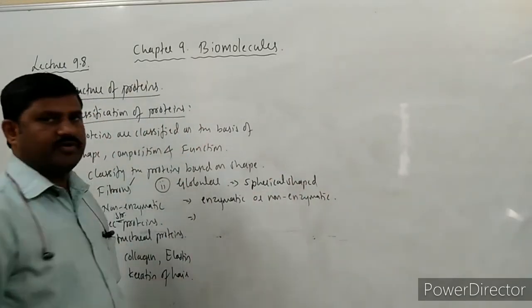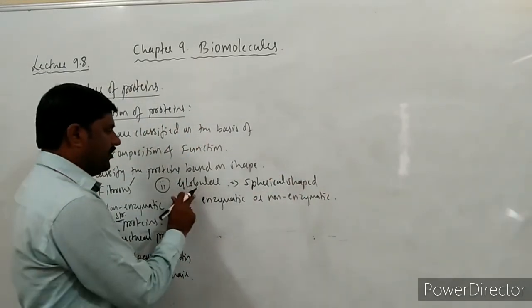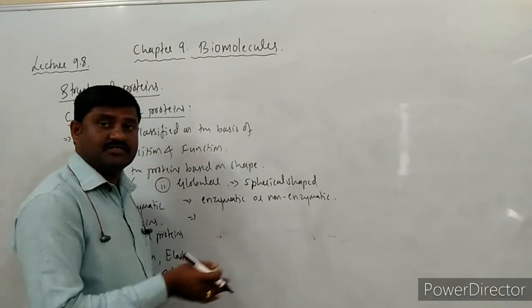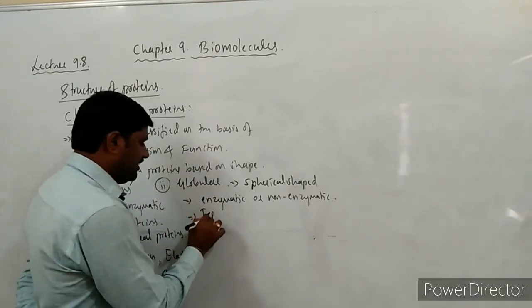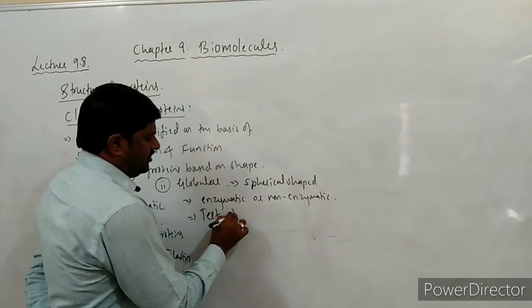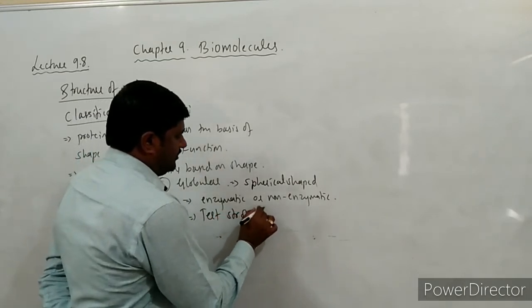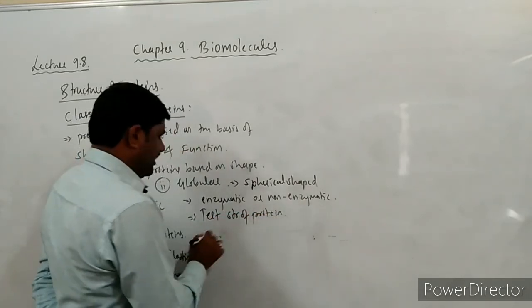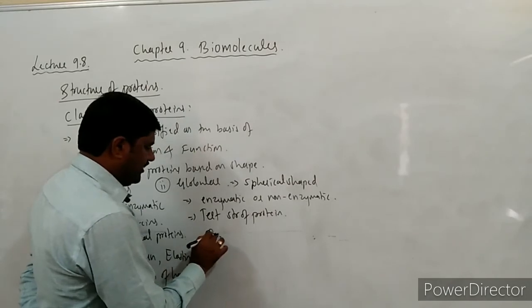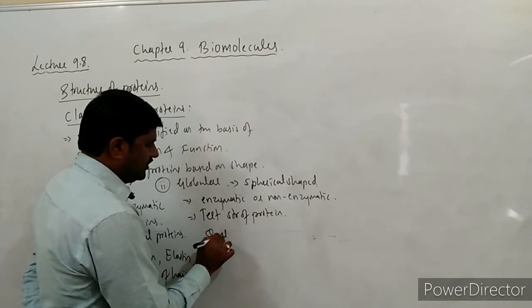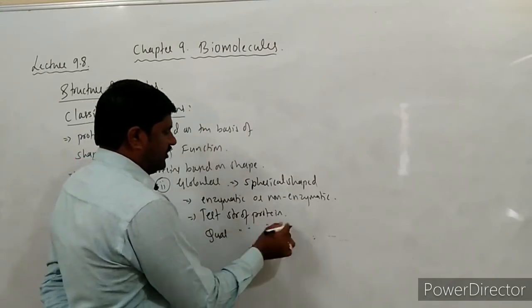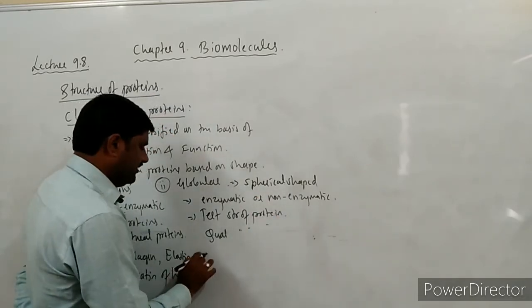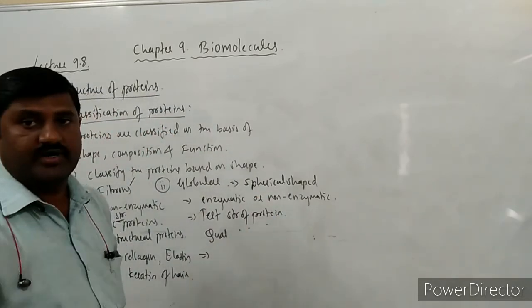And these globular proteins are made up of different structures of proteins like tertiary structure of protein, and even quaternary structure of protein, right? So this is also more important one.